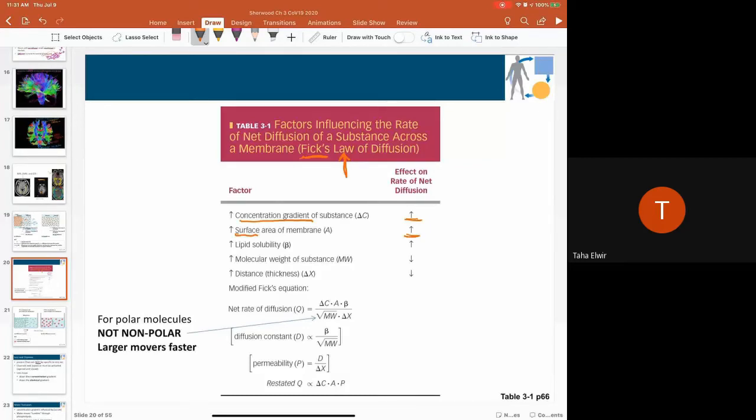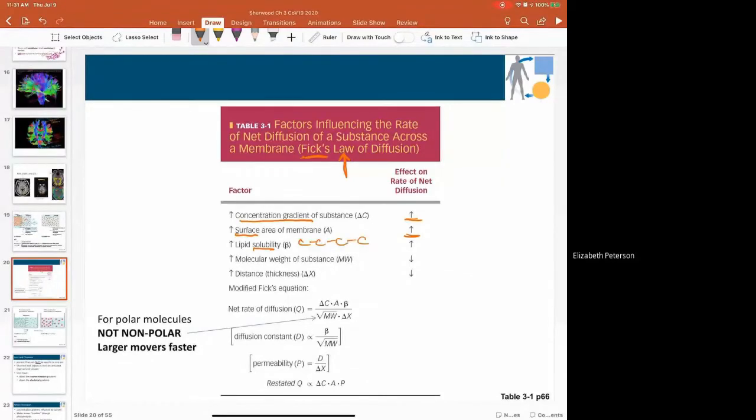If it's lipid soluble, then it goes through the plasma membrane's phospholipid area and goes in really fast. So the more lipid soluble it is and the more like lipid is, the more carbons, then the greater the diffusion rate.